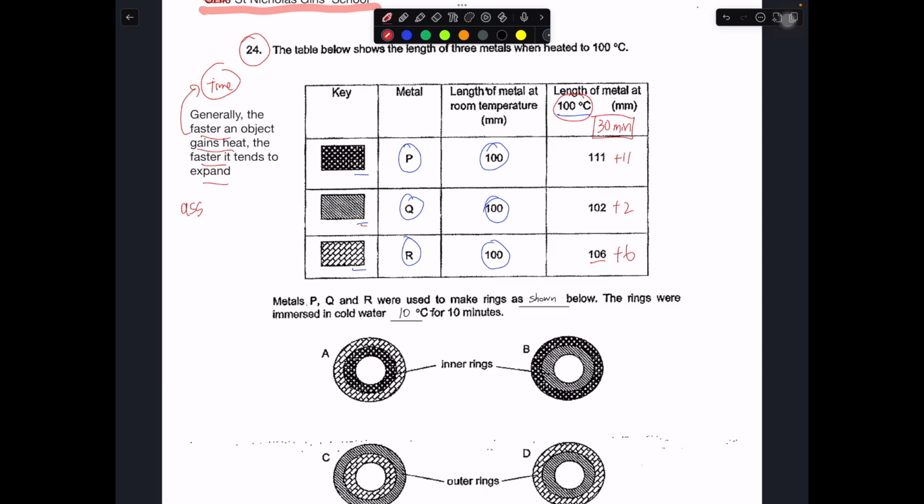This is the assumption that we have. We are trying to say that if it expands more, then it gains heat faster. In this case, the fastest will be the best conductor of heat.